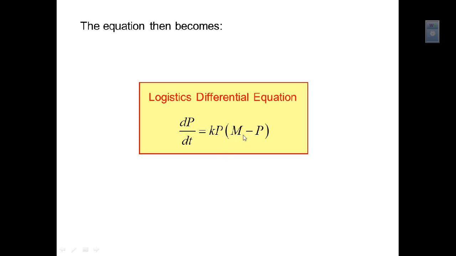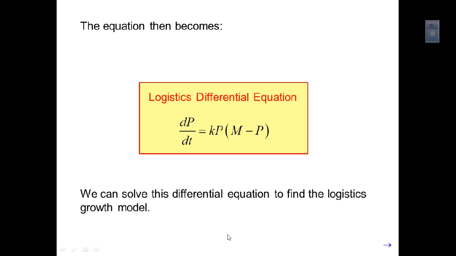So this is the population, this is the amount of carrying capacity that's left. That's what our equation says, and our definition just said. Now, we can solve this differential equation to find the logistic growth model.